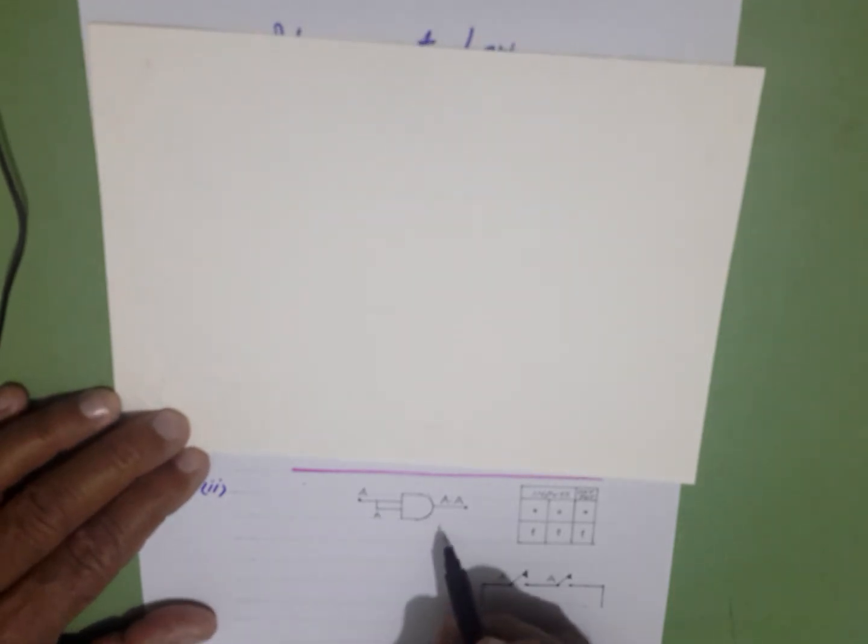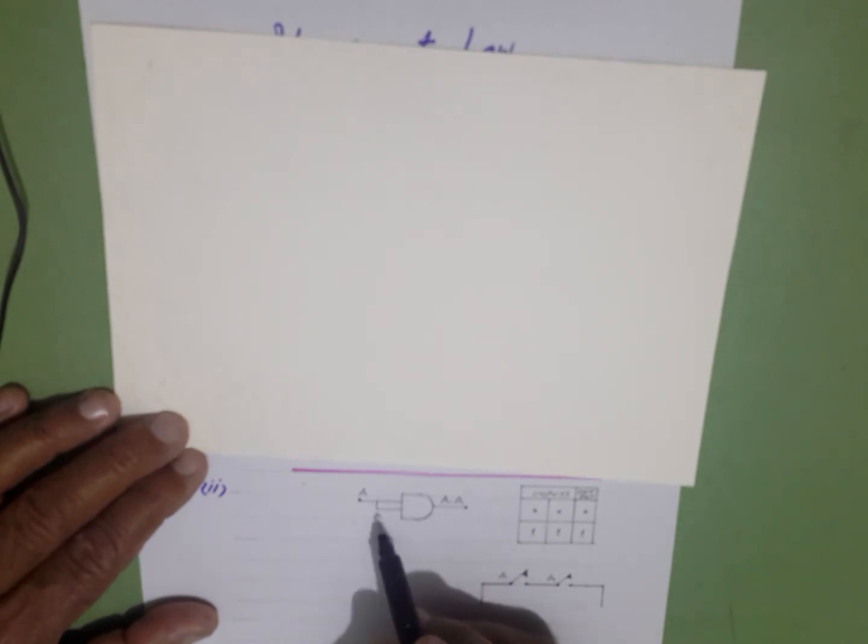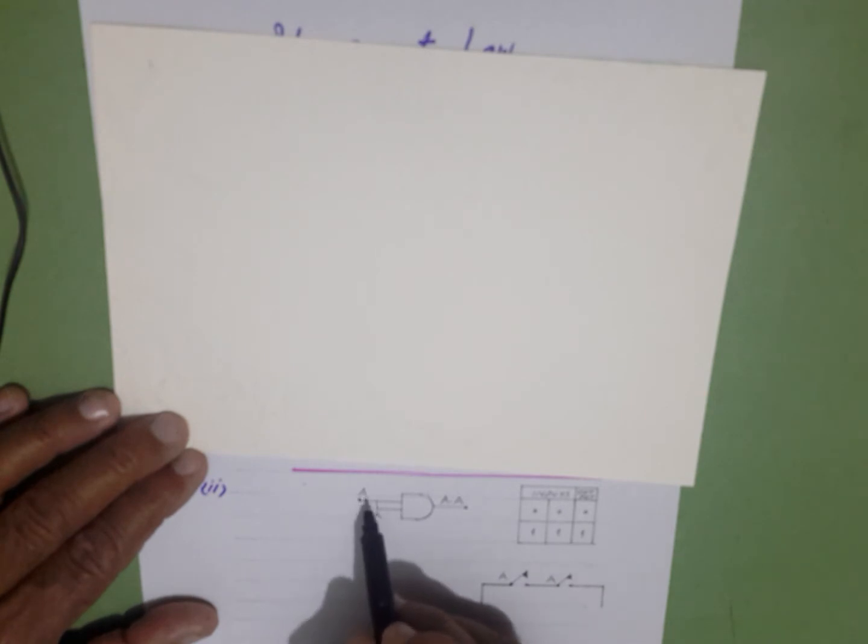The output is A ANDed A. When both the inputs are 0 0, the output is 0. When both inputs are 1 1, 1 multiplied by 1 is 1. It can be represented by two switches in series.